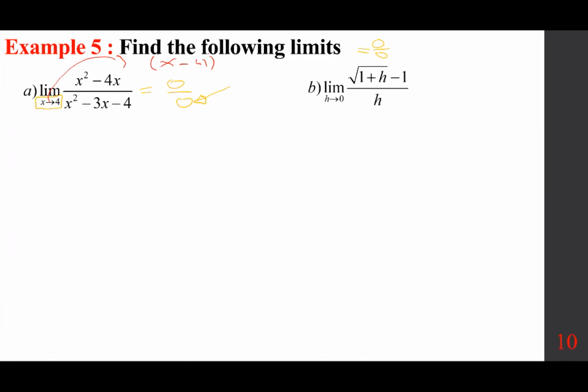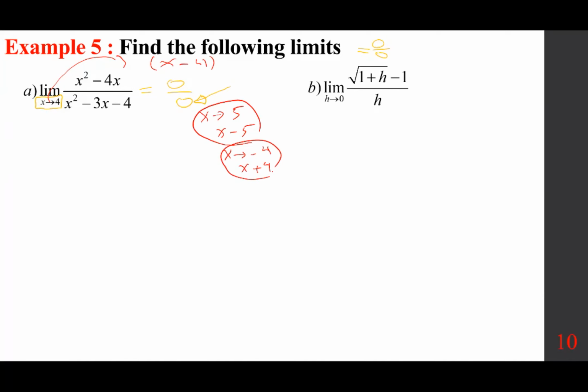If x approaches 5, we should have a factor of x minus 5, most likely. If x approaches minus 4, then most likely we have a factor of x plus 4. So that should also help you with factoring.